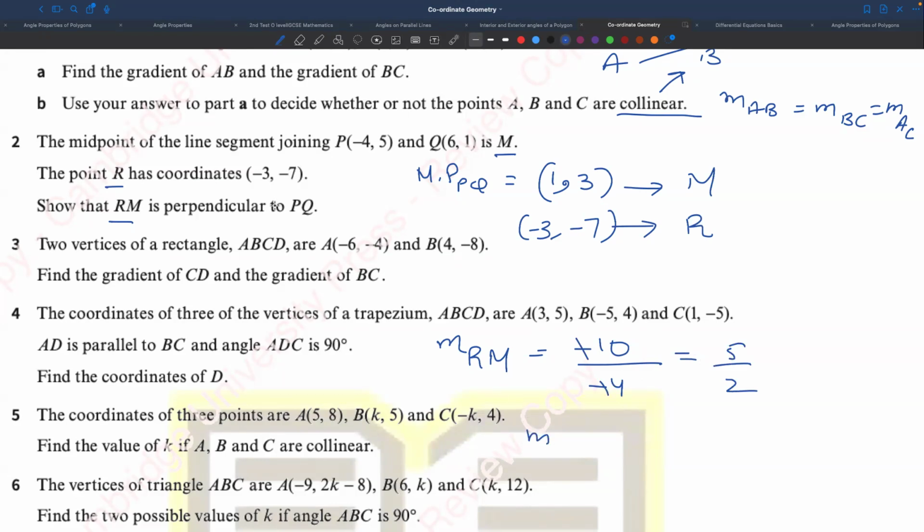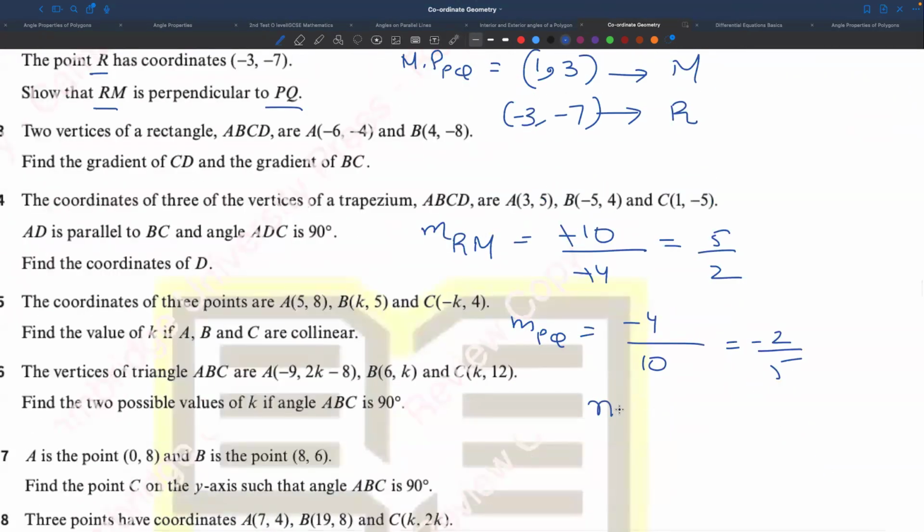What is the gradient of PQ? How will PQ come? 1 minus 5 is -4. Upon 6 -4 is +10. Done. Negative reciprocal came. Show that they are perpendicular, but it is always better that you show it like this.